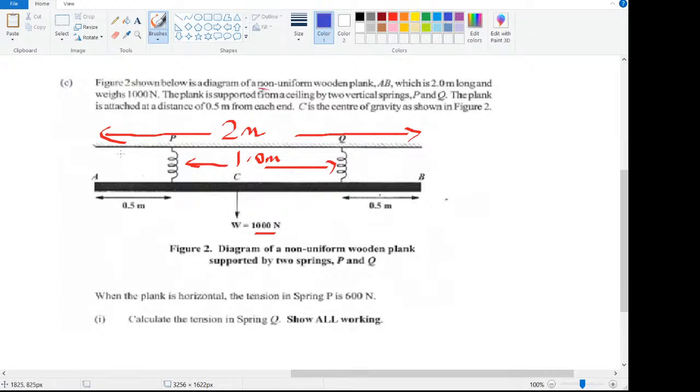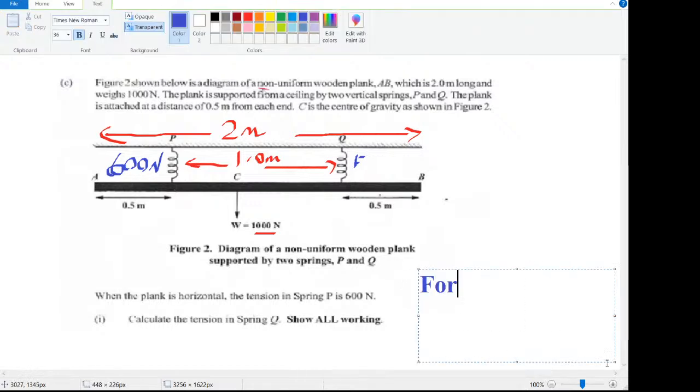Right. So remember, if this is 600, the force of this one here could just be the difference. So all you have to put here is that the tension of Q is 1,000 minus 600.